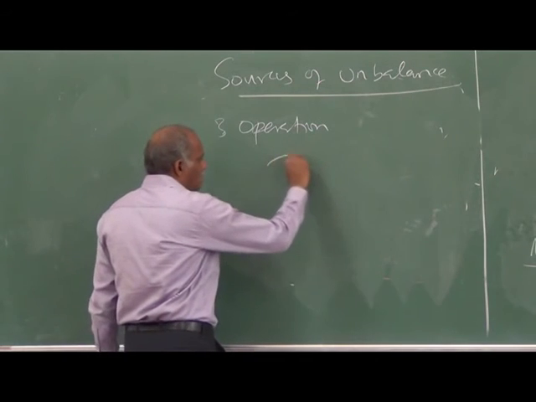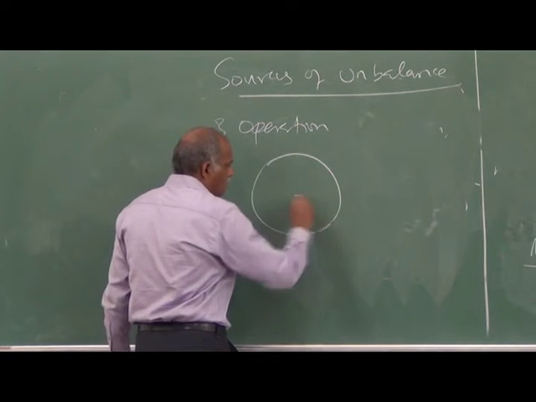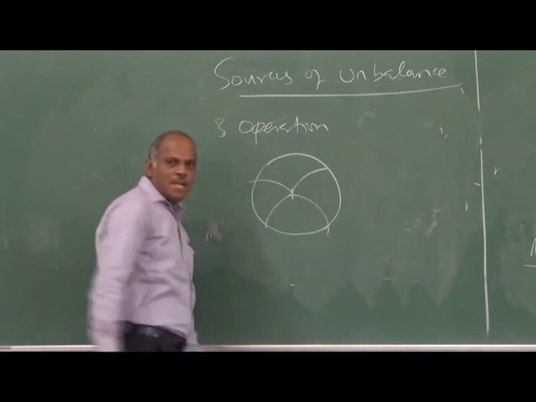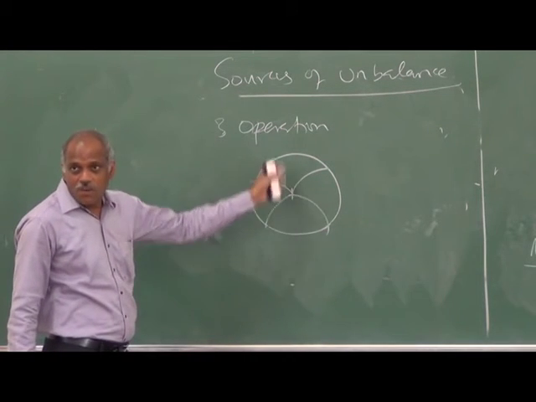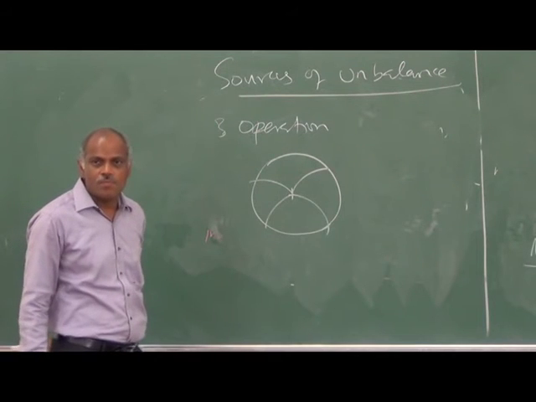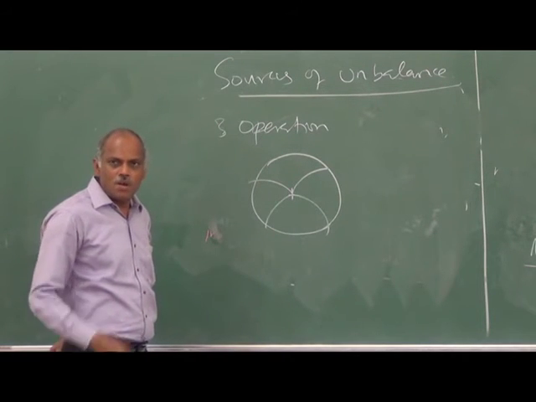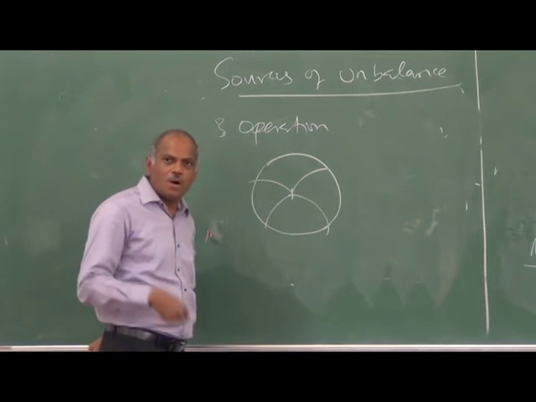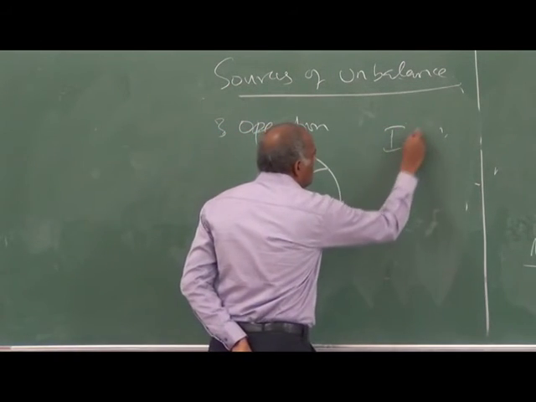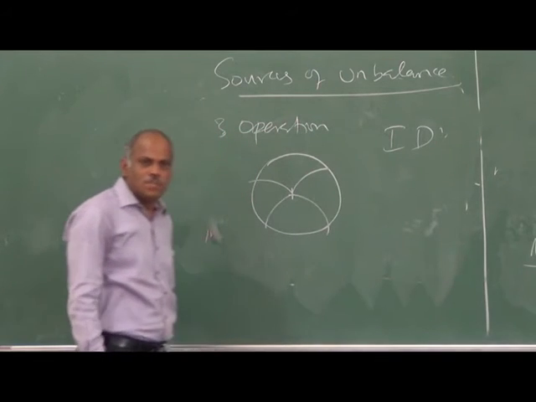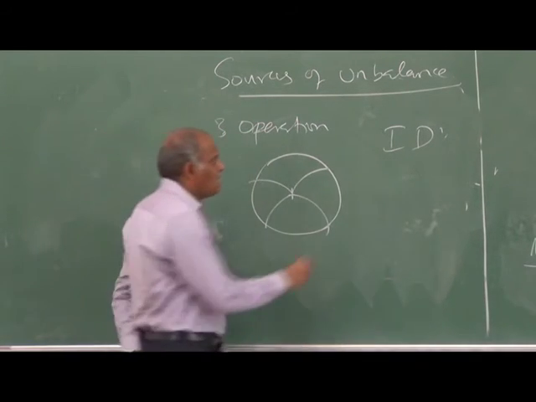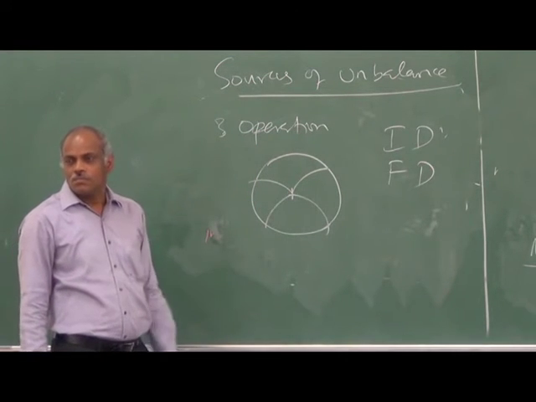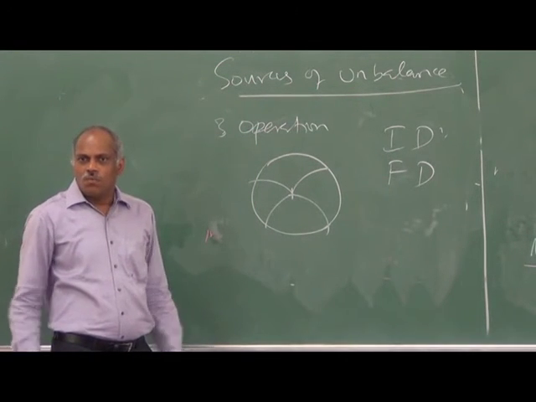I have a rotor, you are studying turbomachinery, you may have fan blades. In thermal power plants, you have two kinds of fans in a boiler. One is the ID fan, inducing the draft, and another is the FD fan, forced draft.